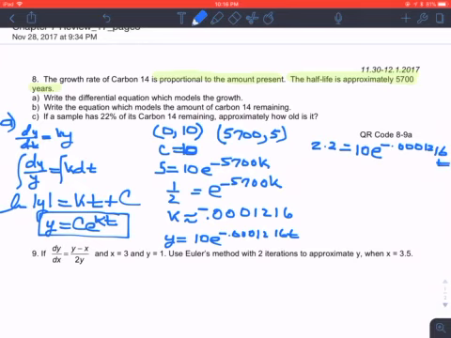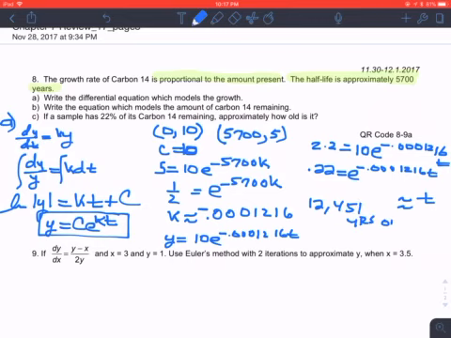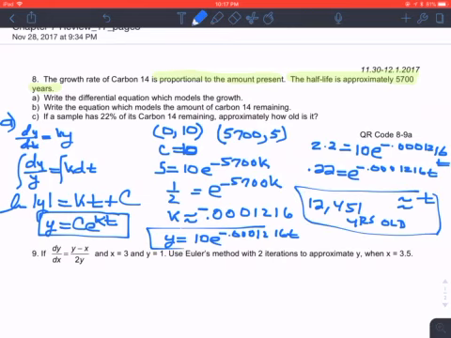Okay, and then I've got to solve it for t. So it's really 0.22 is equal to e to the negative 0.0001216t. And if you solve that for t, you get that it's approximately 12,451 years old. Okay? And that's our third one. That was part C, and this was the answer of part B.